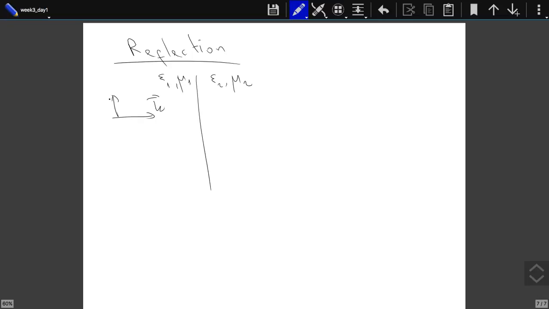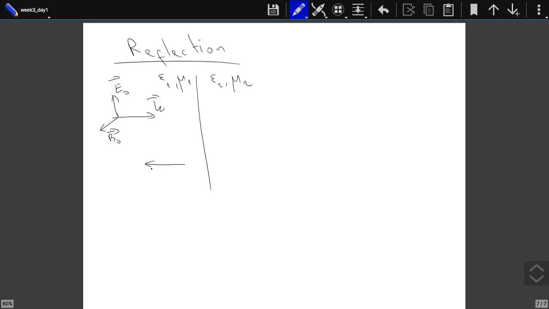This is our k vector. Let's say this is our E0. And this is our B0 out of the screen. So just imagine light, a glass. So there's glass. You shine some light, some electromagnetic radiation. It's moving in k. Well, observation tells us that some of it will be reflected backwards.